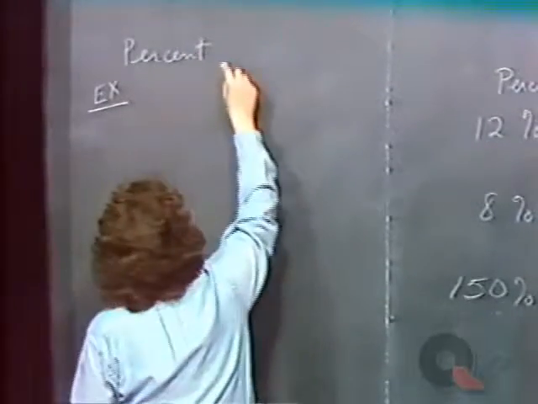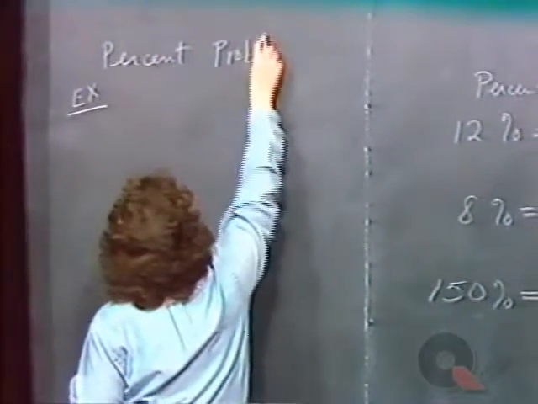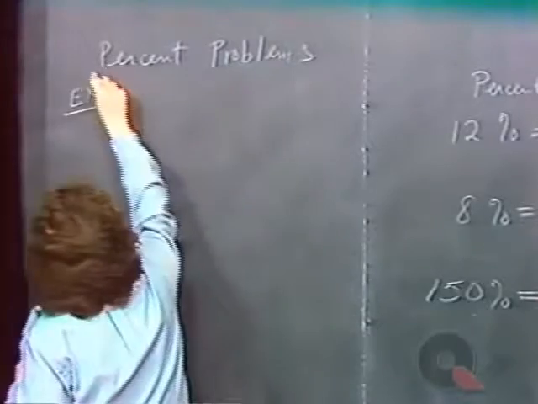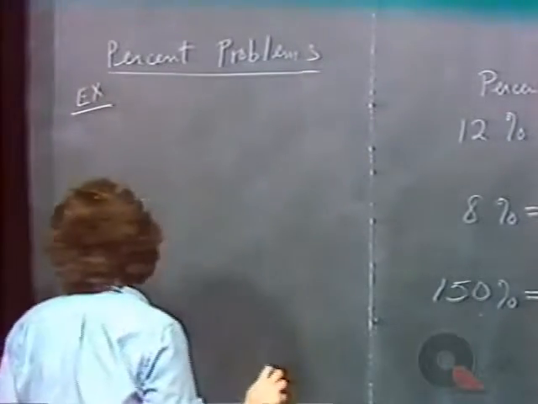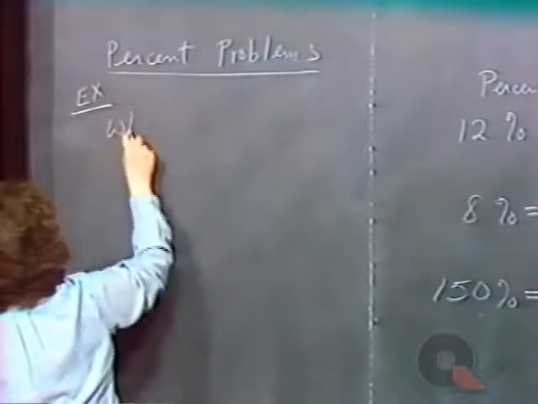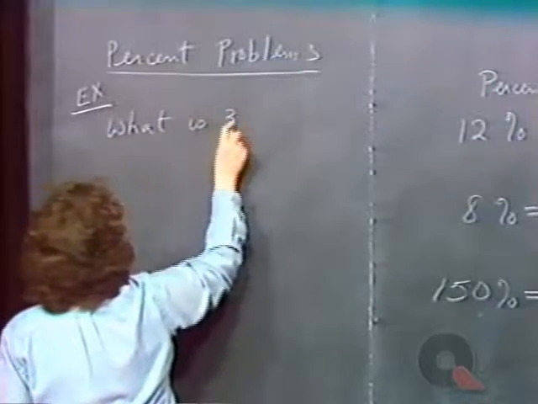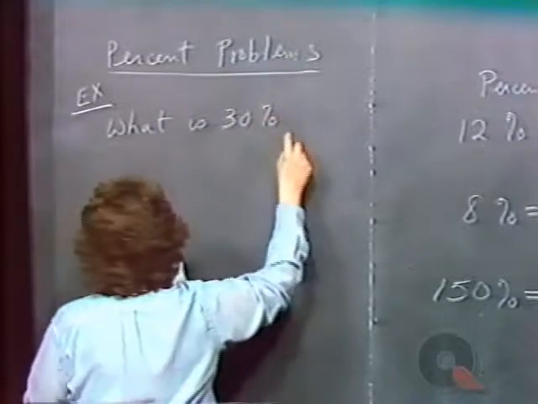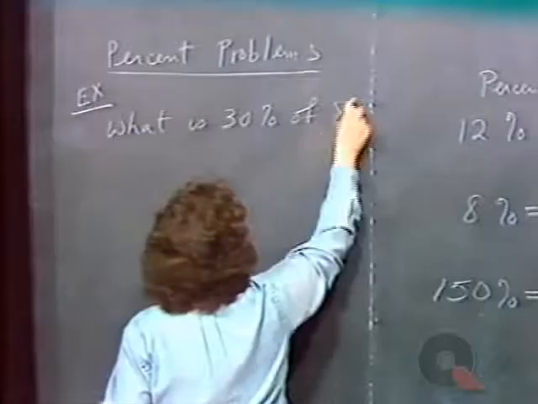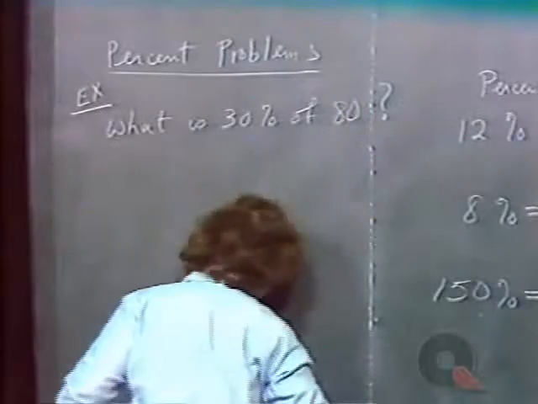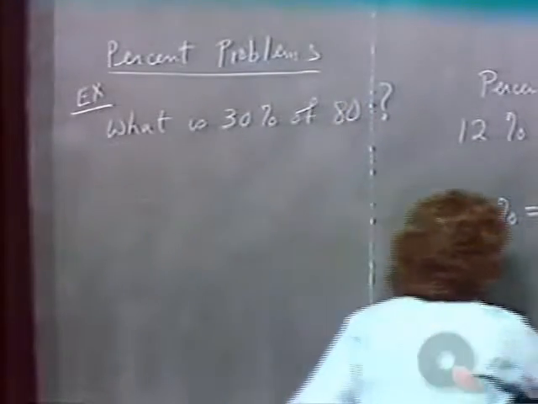These are examples involving percent problems. It may be something very direct, like, what is 30% of 80? It may be a much more involved problem.